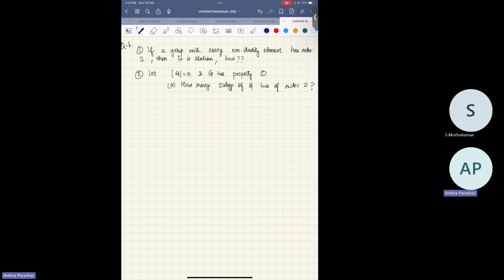All right, so let's do this. Suppose you take A and B. In order to prove that it is abelian, what do you want to prove? You take any two arbitrary elements and try to prove they commute.